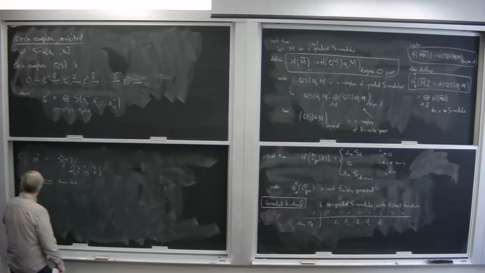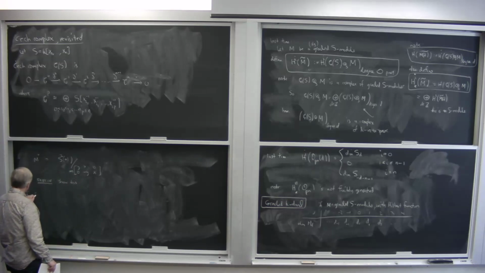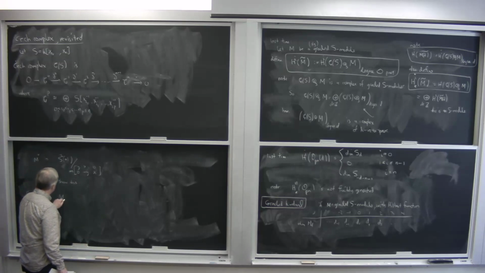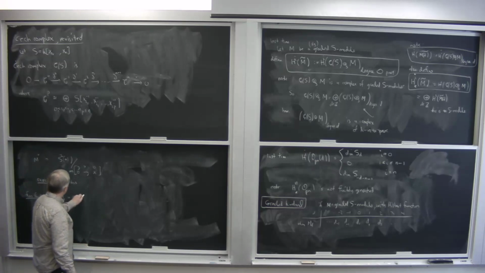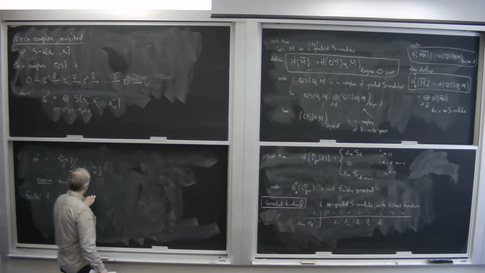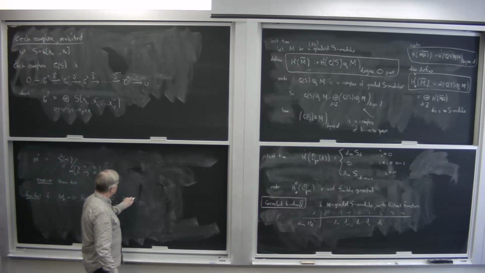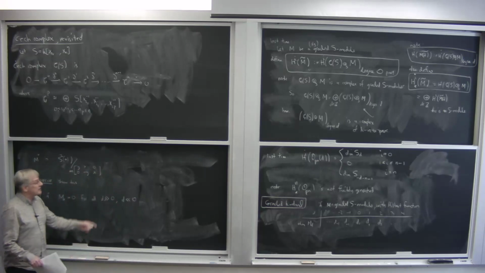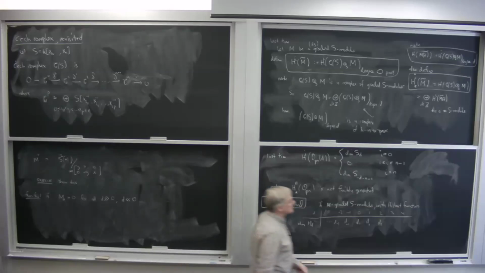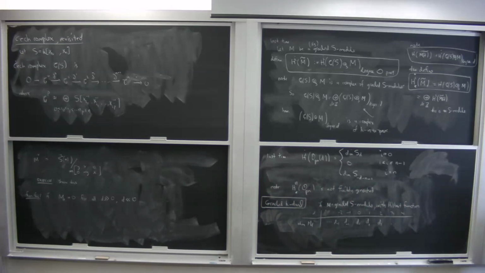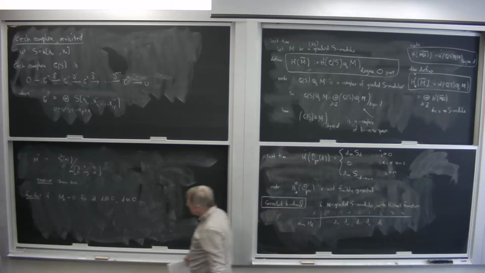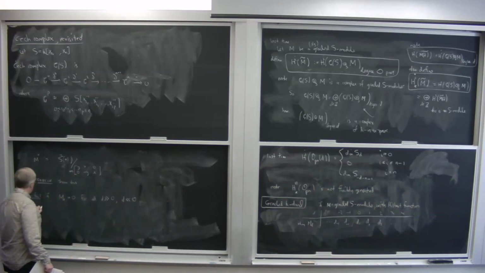But here's a fun fact. If M sub D is equal to 0 for all D sufficiently large and all D sufficiently small, okay? So in other words, this is one of those examples. This is 0 from 2 on up and 0 from -1 on down. Then we can write down what this is.